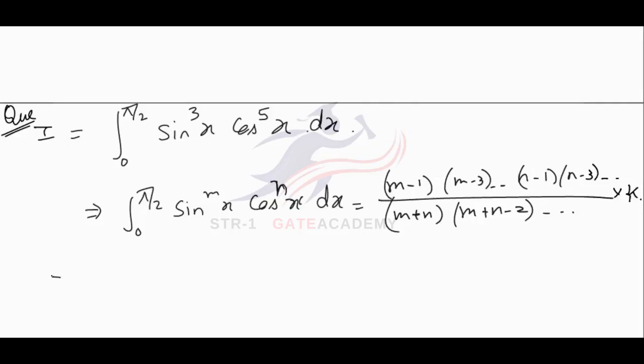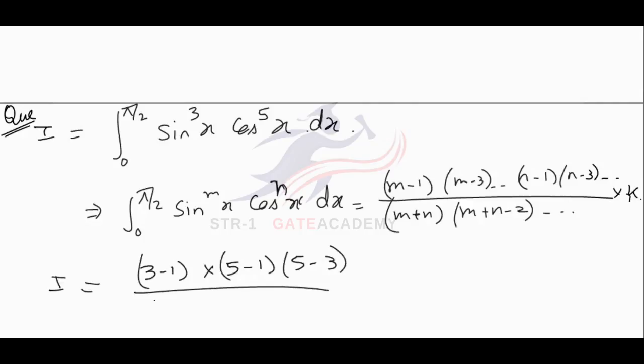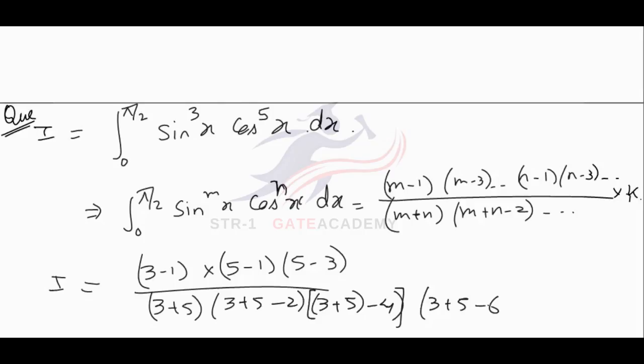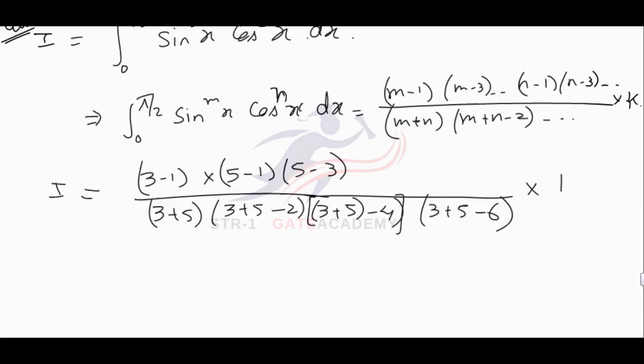So in this you'll say I is nothing but m minus 1 into m minus 3 will give you 0 into n minus 1 into n minus 3 upon m plus n into m plus n minus 2 into m plus n minus 4 into m plus n minus 6 into k, which would be 1 because both are in fact odd.